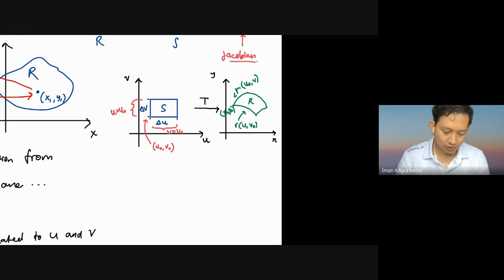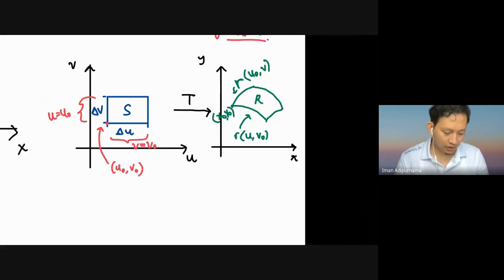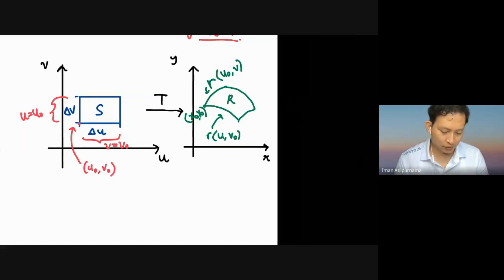So we start with a small rectangle here with the point u0, v0, and the dimensions are delta v and delta u. And then we transform, and the image of the region S in the xy plane is the region R.